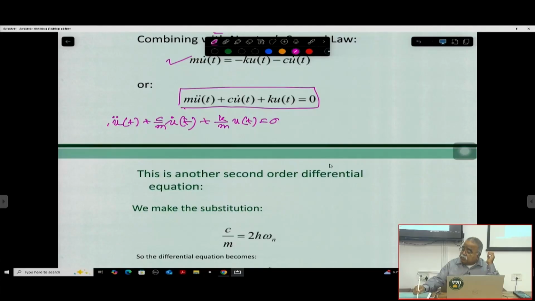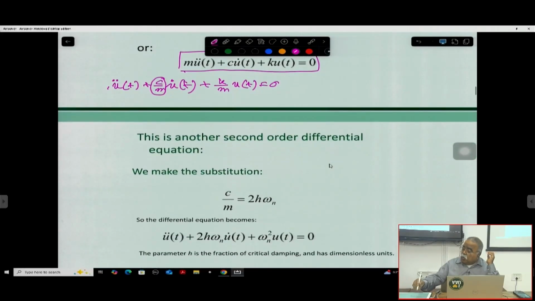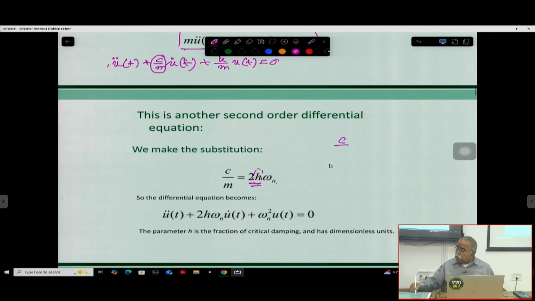Now, this C by m is a factor for which we can introduce a new number. C by m equals 2h omega n, right? So this is your 2h omega n, your damping ratio part. So C by m equals 2h omega n, and you can put it into the equation: u double dot(t) plus 2h omega n u dot(t) plus omega n squared u(t) equals 0.